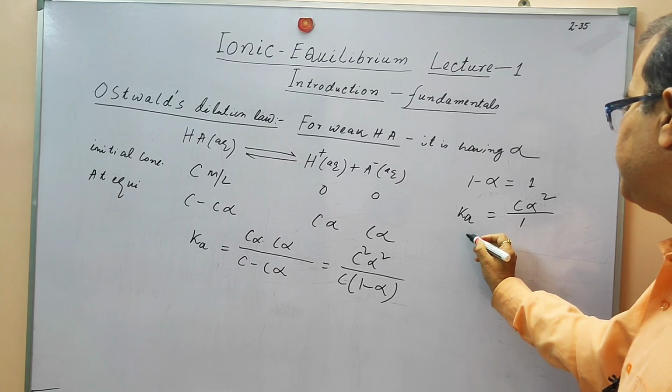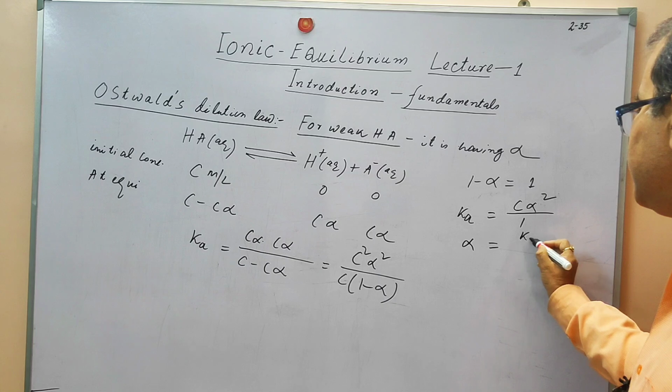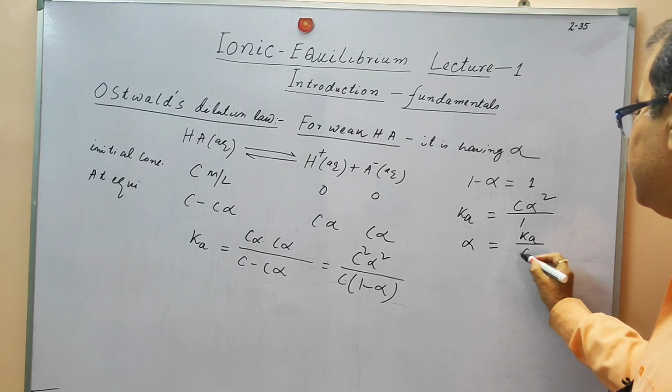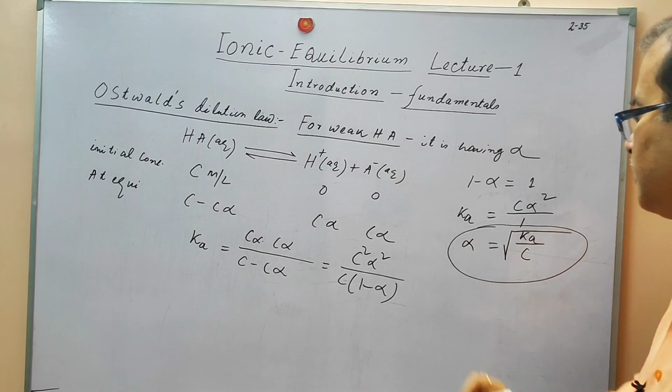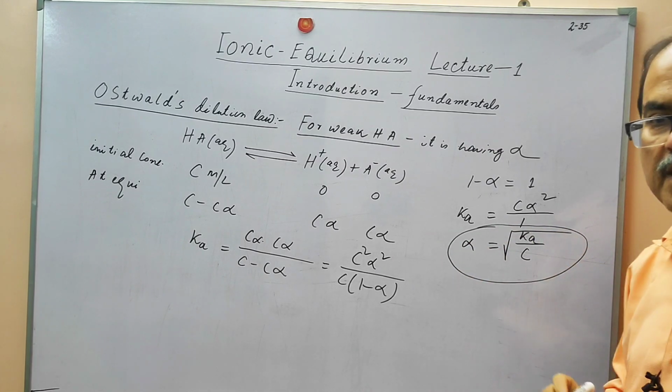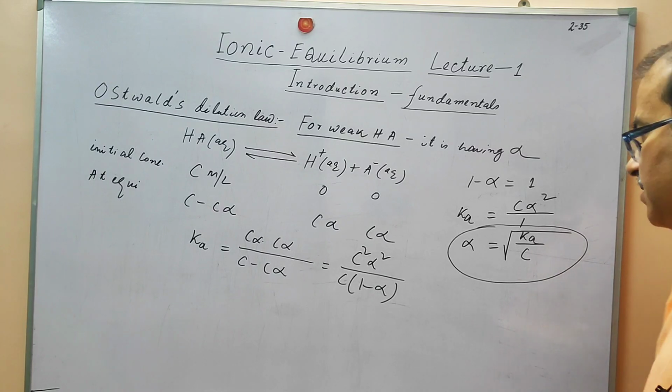So this can be written as alpha is basically the root of K by C. So the degree of dissociation is inversely proportional to the square root of the concentration.